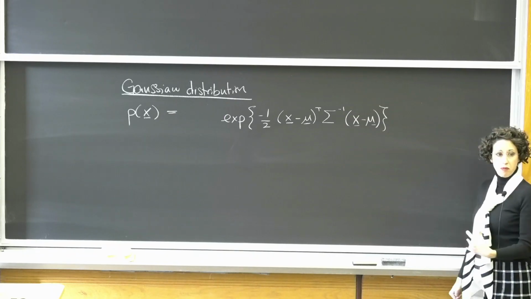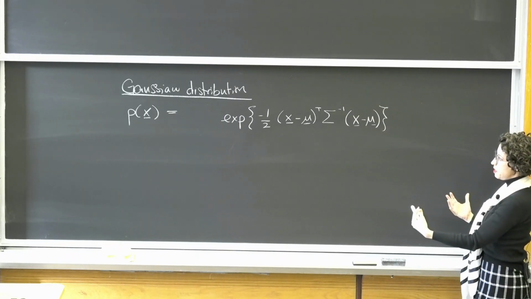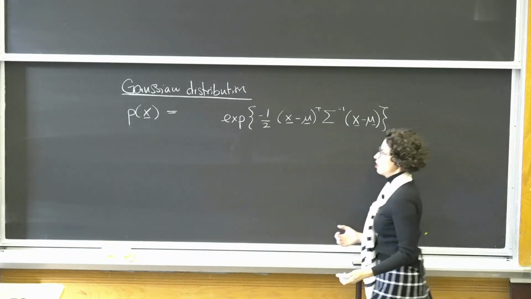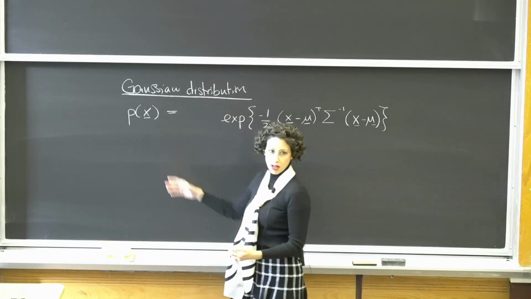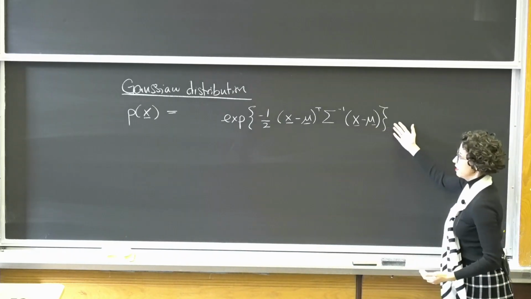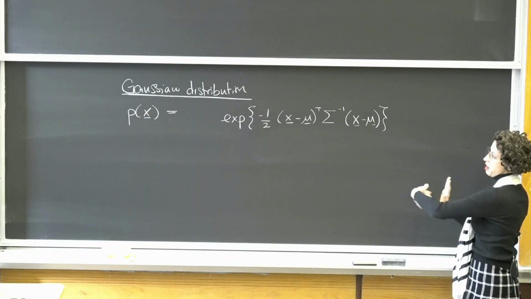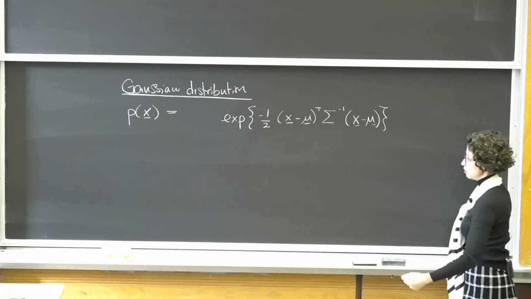And then we want to make sure that this, as a probability distribution, integrates to 1. So if I were to look at all of the different possible x's and all of the different values of the distribution function and integrate across all x, it should integrate to 1.